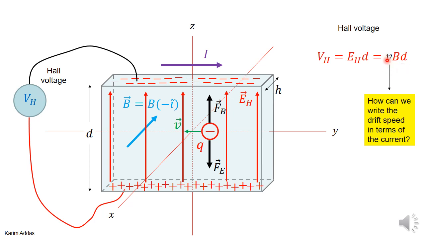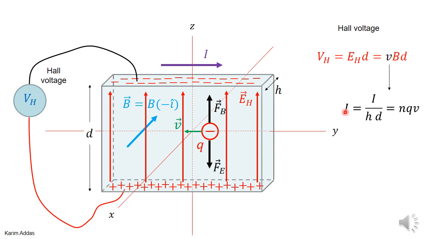Now the speed of the charges, the drift speed of the charges moving in the conductor, we can write in terms of the current. How would you write this in terms of the current? We know that J, the current density, is I over the area. And the area is H times D. So J is the current over the area.